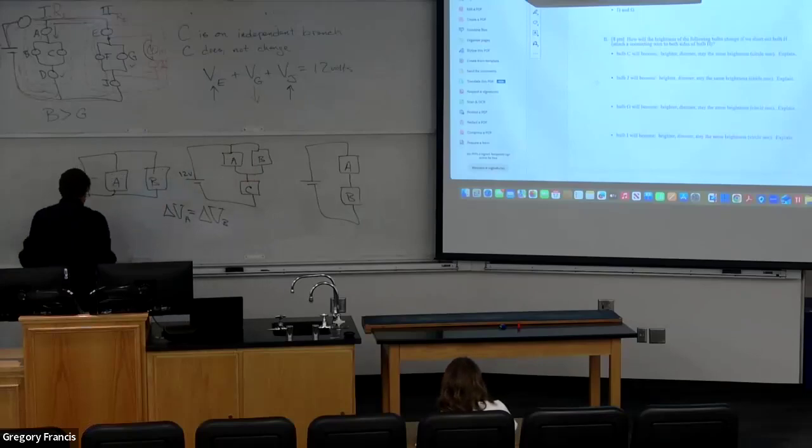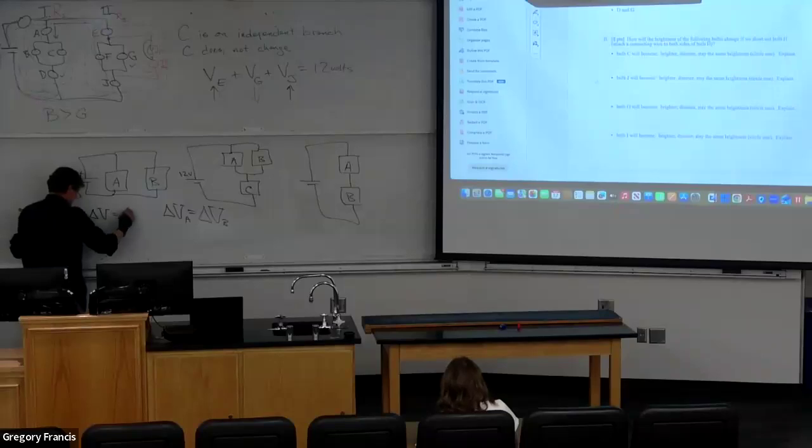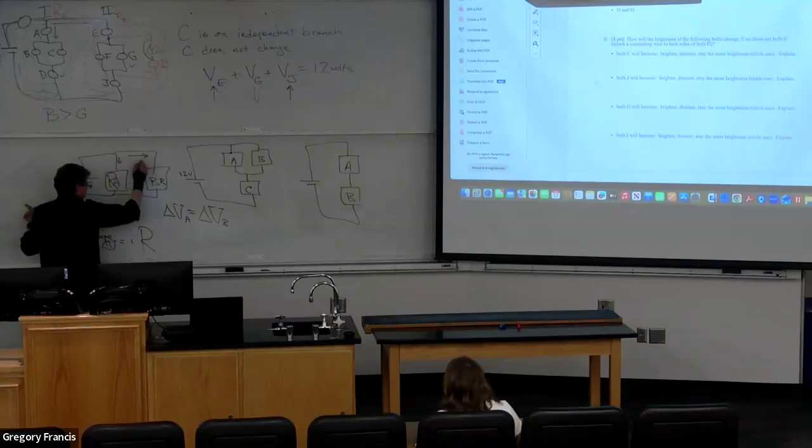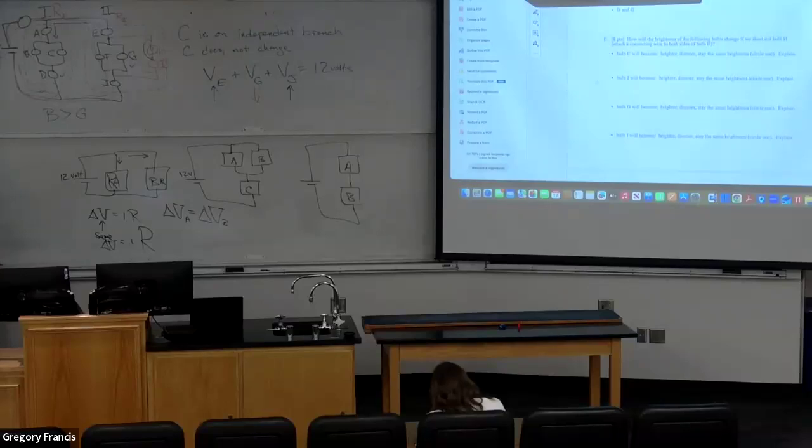And so if I look at V equals IR, if the V is the same, and one of these has a bigger R, it's going to have a smaller I. So let's say that A has the bigger R and B has a smaller R. That's going to give me a trickle of current here and a gusher there by V equals IR.